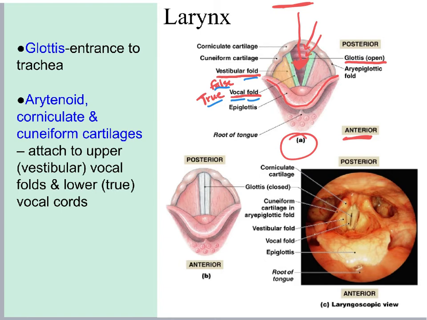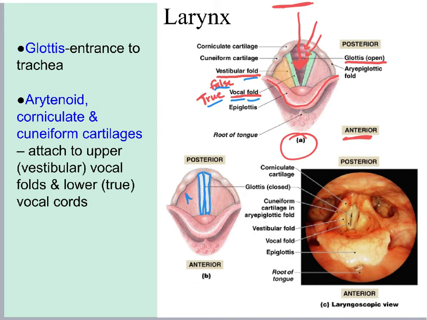I think there's another picture that I'll get to showing you that in a sec. Let's go ahead and look at picture letter B right here at the bottom. What that's showing you is really the same view, but with the glottis closed. So again, here are the true vocal folds. Those are the ones that are going to vibrate and make sound, remember.